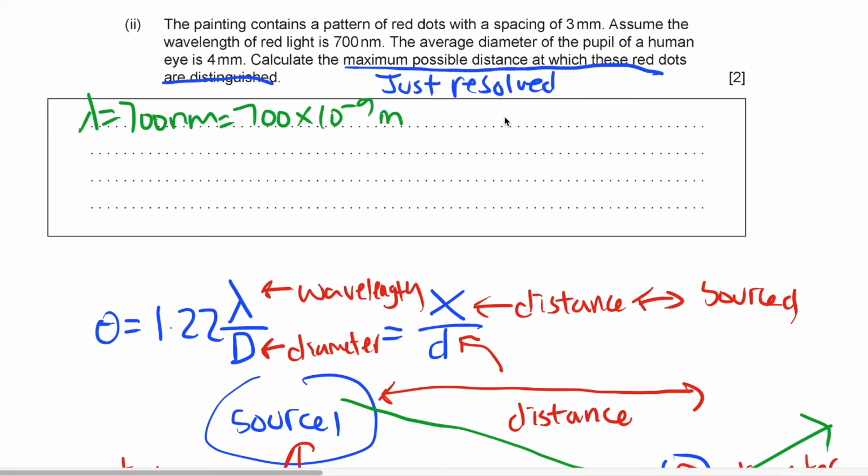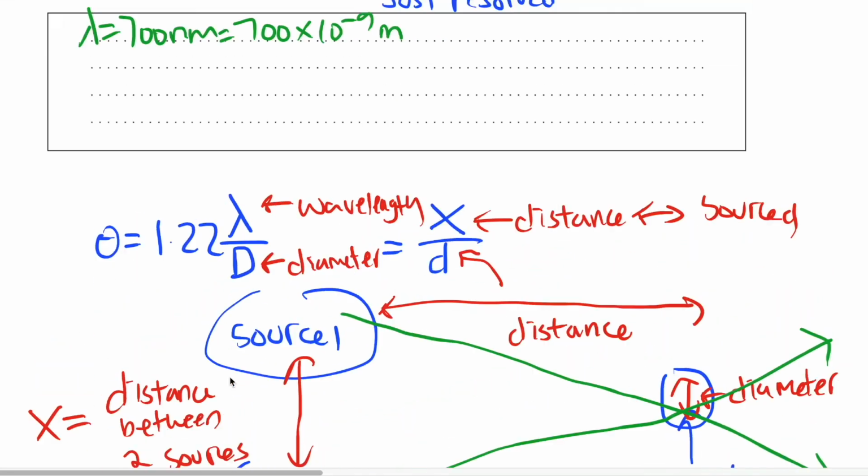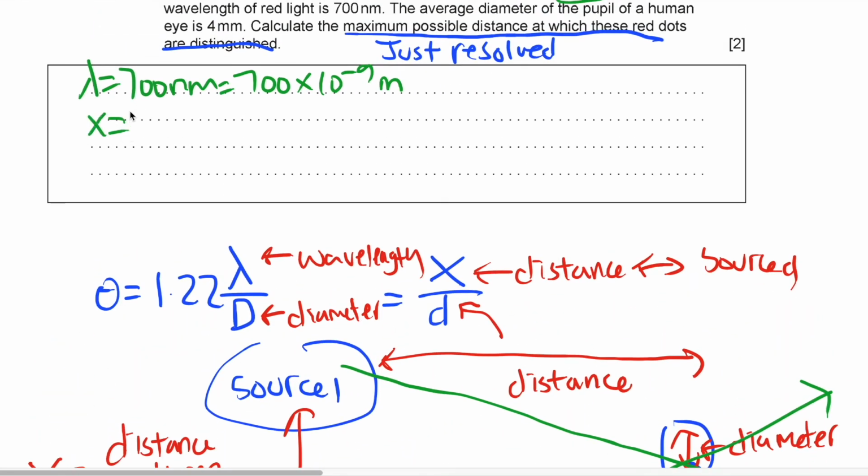Because the dots are light sources, this 3 millimeter represents the distance between light sources, which refers to x here. So x is equal to 3 millimeter, which is equal to 3 multiplied by 10 to the power of -3 meter.